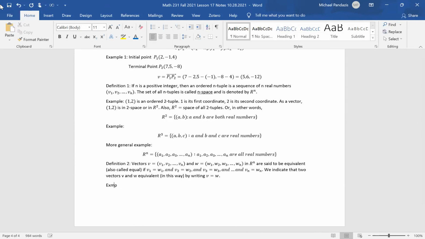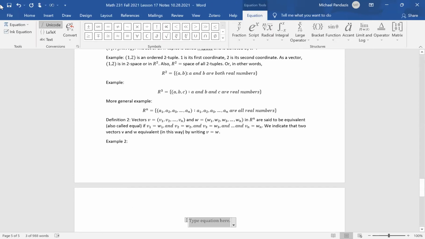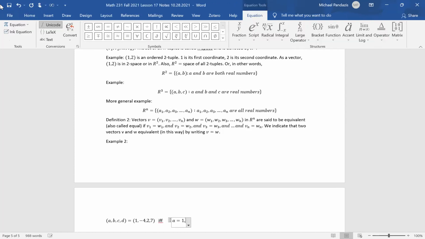Okay, example 2. So if you have the vector (a, b, c, d) equal to the vector (1, -4, 2, 7), that's true if and only if a is equal to 1, b is equal to -4, c is equal to 2, and d is equal to 7.